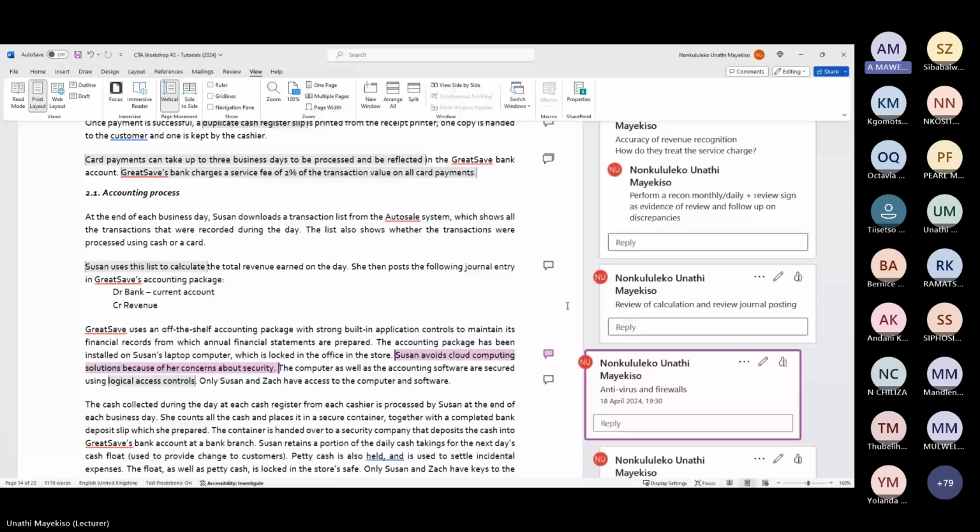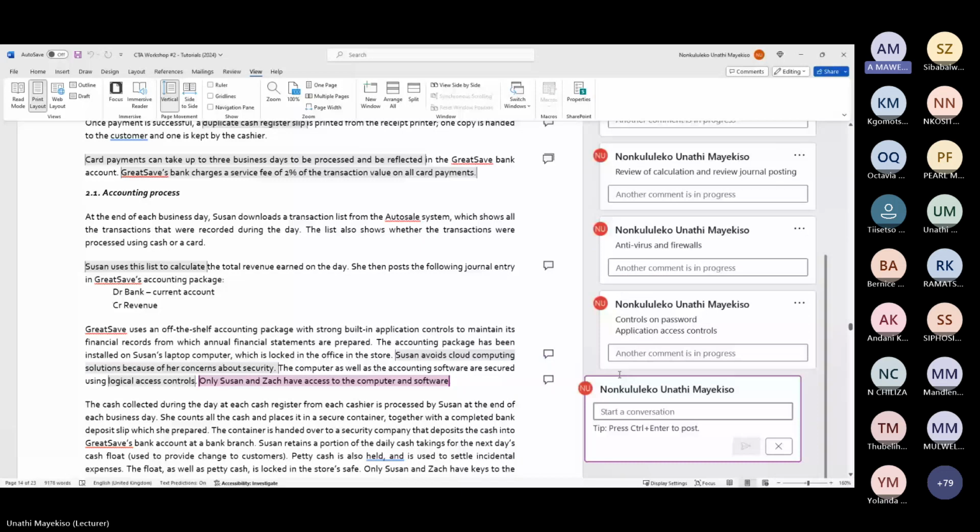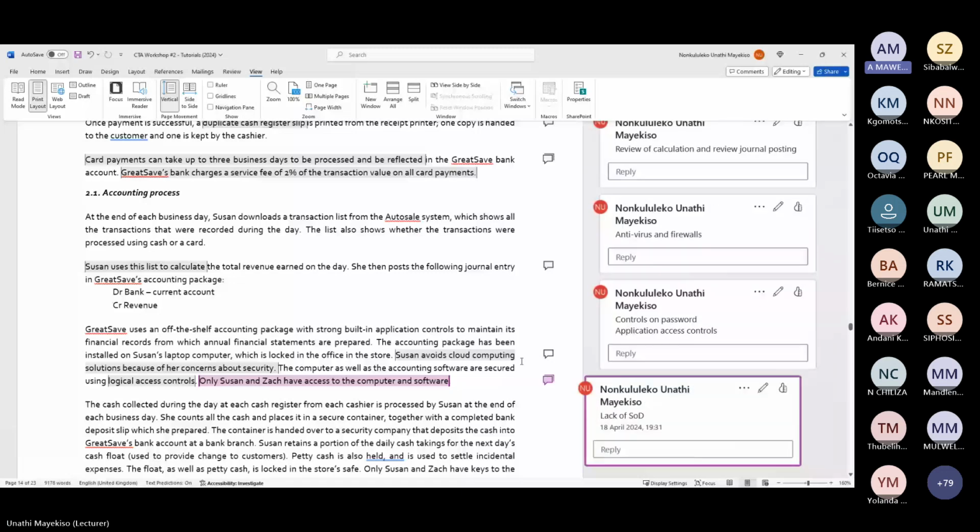Otherwise, Zach or Susan can be working on whatever, and you wouldn't know who worked on what, because the only control that is there is the one that locks and unlocks the laptop or the computer rather. Yeah, it also doesn't talk about whether they have individual user IDs and things like that. We also mentioned that somewhere, so I'm not going to repeat it. Lwandile's hand was up, and then Khomozo.